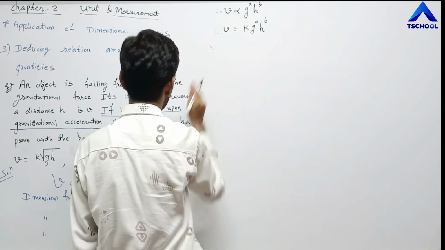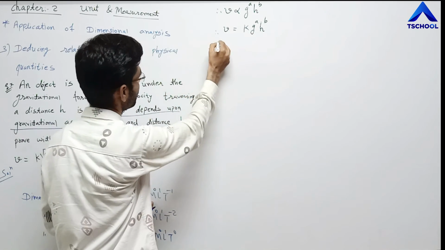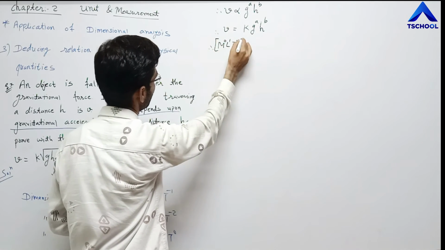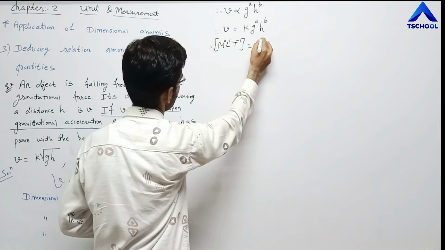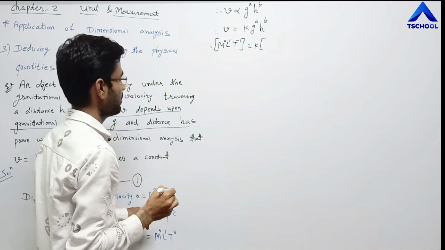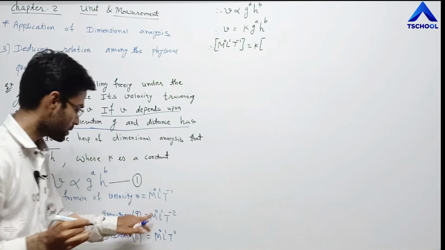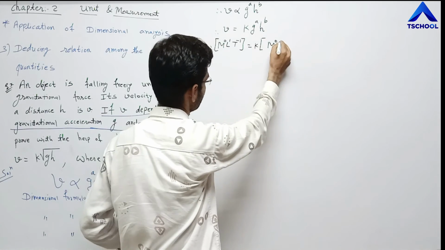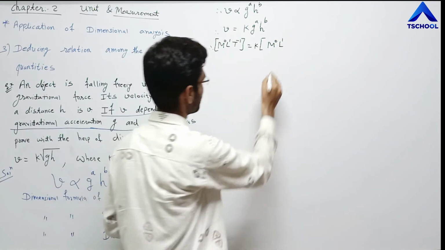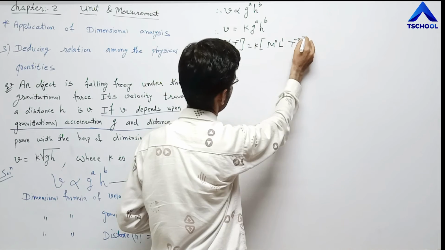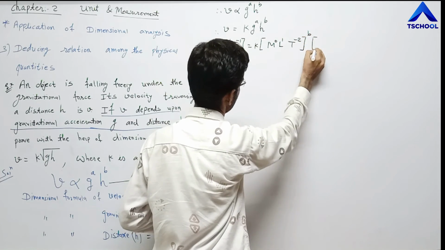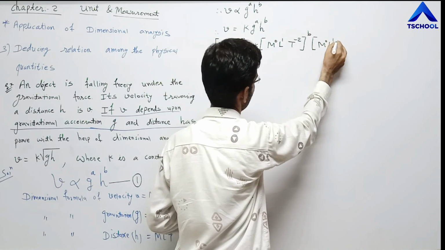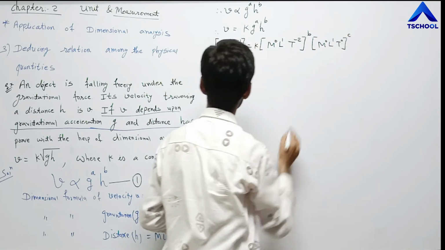Now the dimensional formula of velocity M0 L1 T minus 1 is equal to the constant k, which is dimensionless, times the dimensional formula of gravitational force M0 L1 T minus 2 power b, and distance M0 L1 T0 power c.